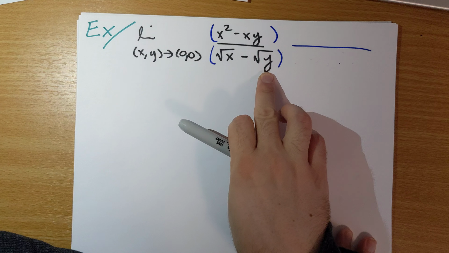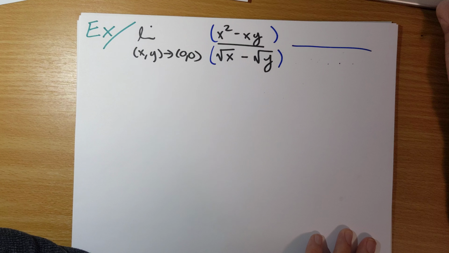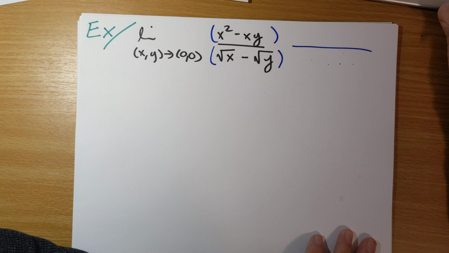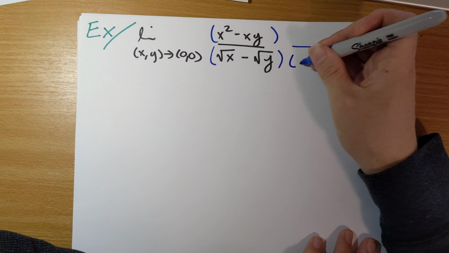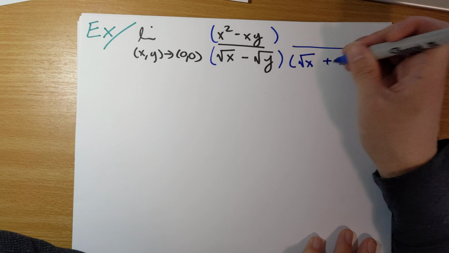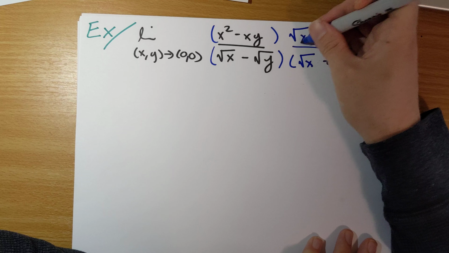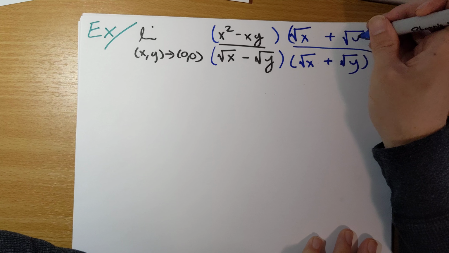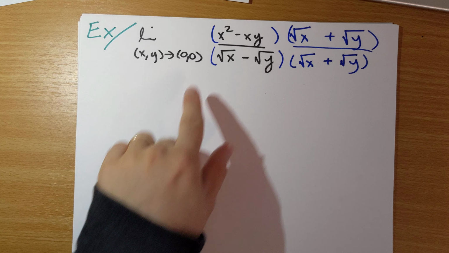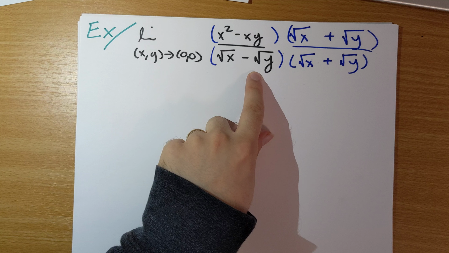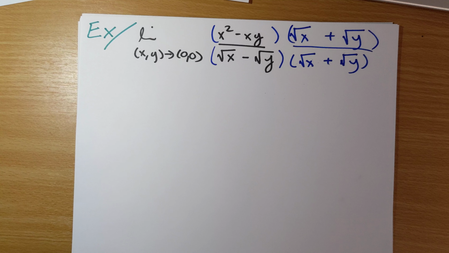Let's rationalize the denominator by multiplying by the conjugate upstairs and downstairs, and then we'll be able to do some algebraic simplification. So we have square root x minus square root y, so let's multiply this by square root x plus square root y. And what do we end up with here?